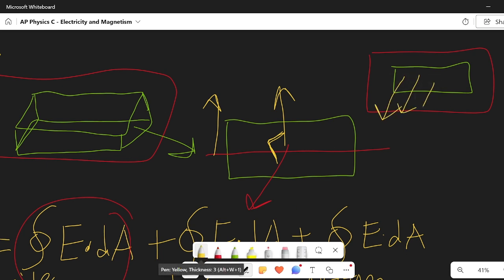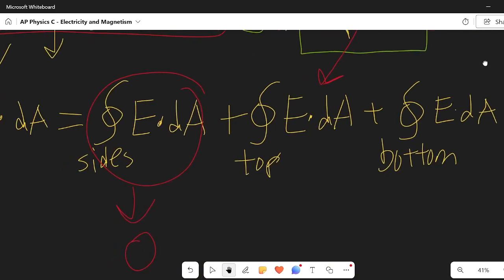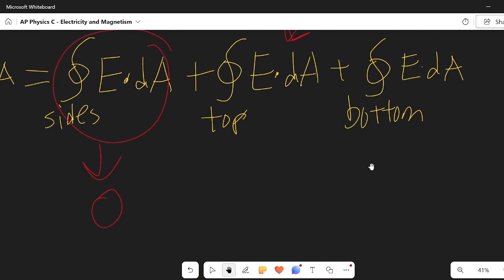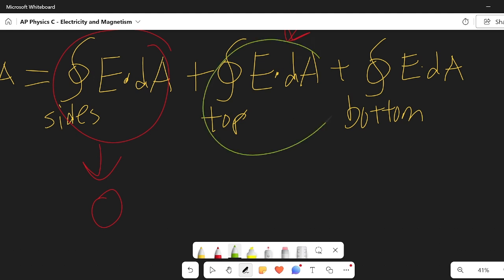Every single bullet is piercing through. And remember, the area vector is directly parallel to this. So thus, the cosine theta will just be 1. So the flux through the top is equal to E times A.